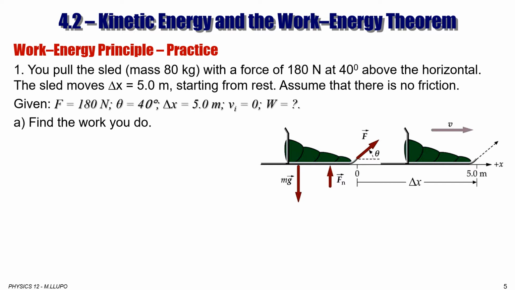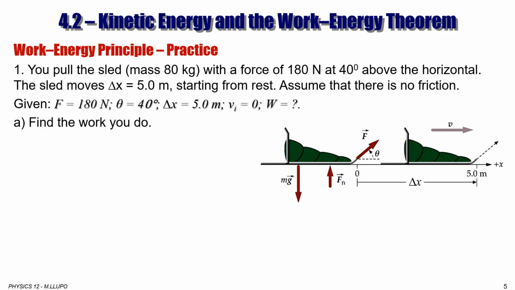Let's try one. You pull the sled with a mass of 80 kilogram with a force of 180 Newton at 40 degrees above the horizontal. The sled moved 5 meters horizontally. So delta x or delta d is equal to 5 meters, starting from rest. That is very important.